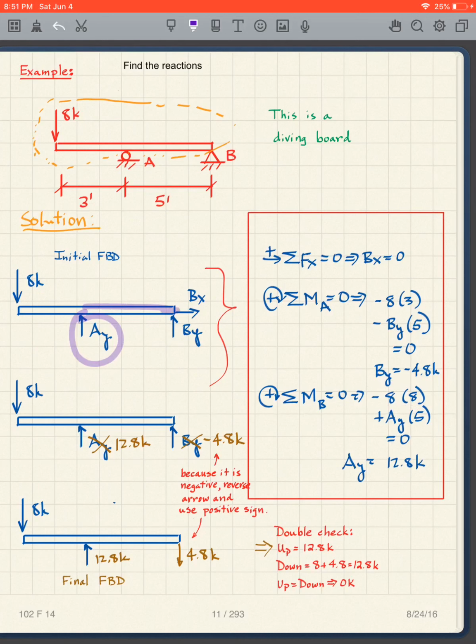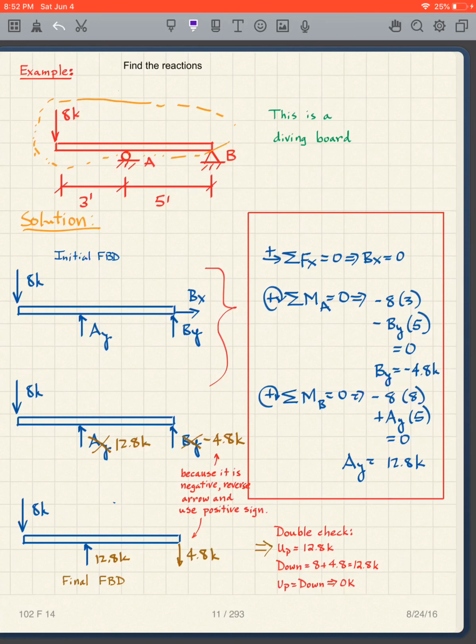For Ay, here's my hand. There's the center of my clock still. That's clockwise. Ay times 5 is clockwise, so it's positive. I solve that equation. I get Ay is 12.8 kips.